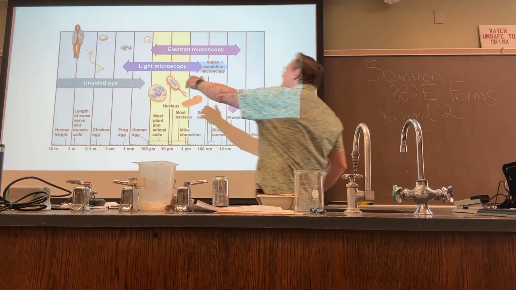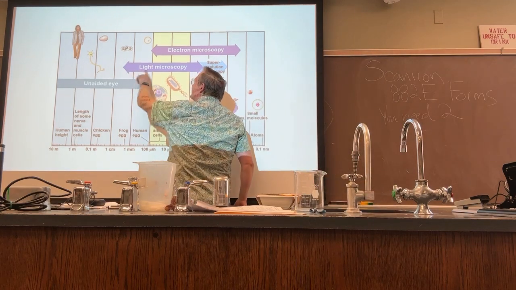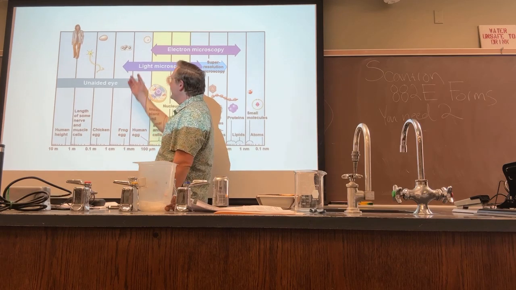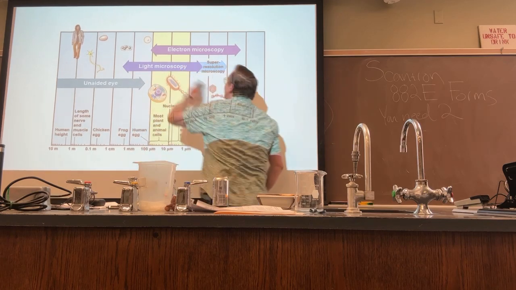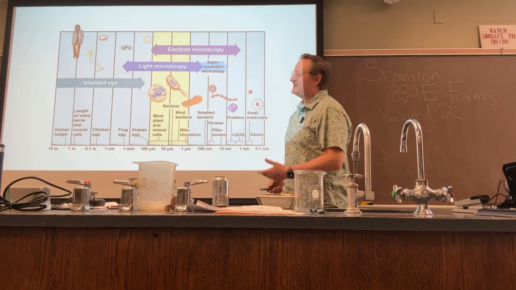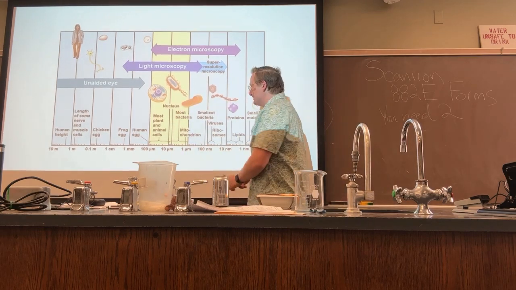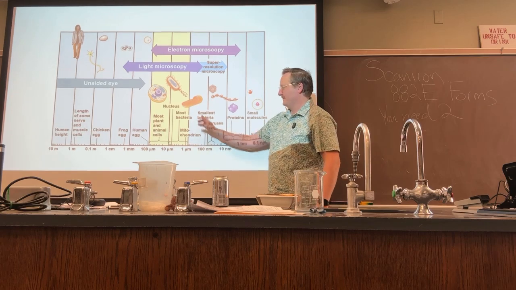Then you got to get down into light microscopy. There's some overlap here, saying that yes, you could see a frog egg or a human egg with your naked eye. You can't see as much detail without microscopy. You want the detail. Light microscopy can get you pretty far down. You're going to be able to see bacteria, okay?